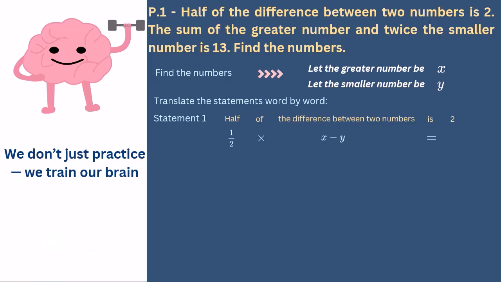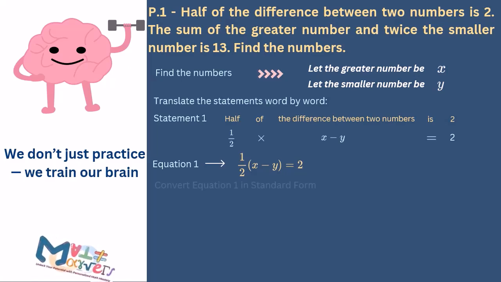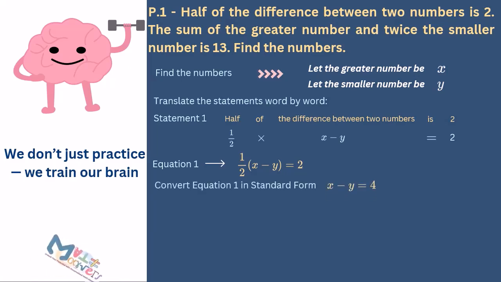On the RHS, it's simple, just the number 2. So the equation is 1/2 (x minus y) equals 2. Simplify this into standard form. X minus y equals 4.